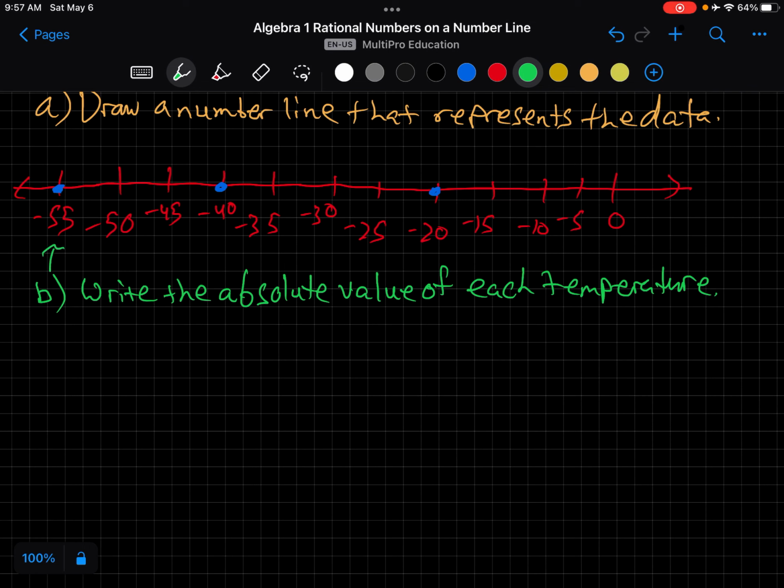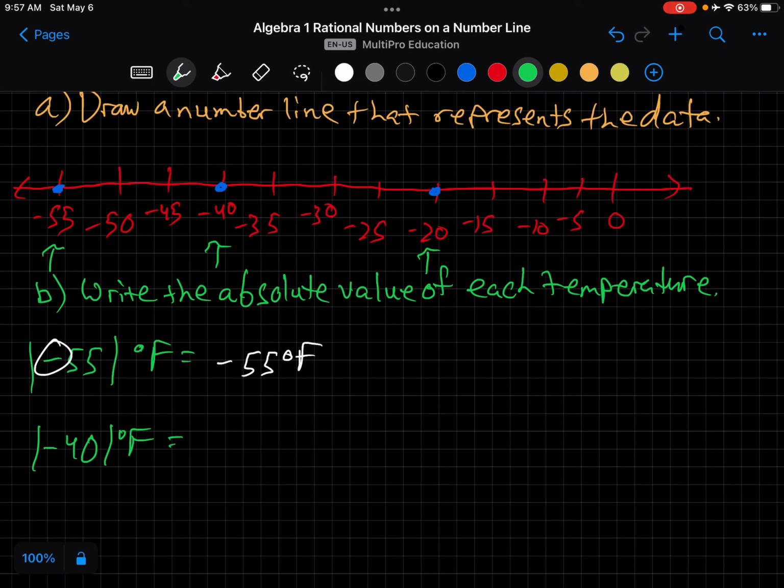All right, so let's start here and we'll do this one next and then this one. So negative 55 degrees Fahrenheit. So basically, if you remember, we remove the negative. So this is 55 degrees Fahrenheit.